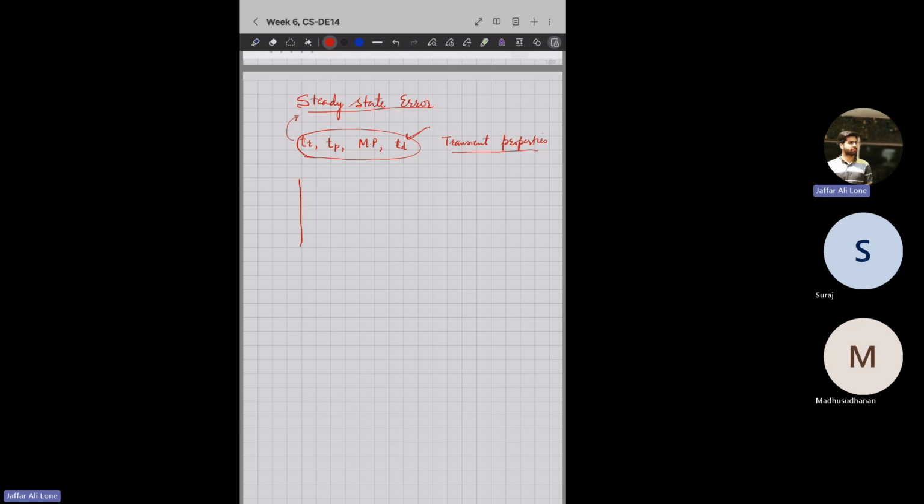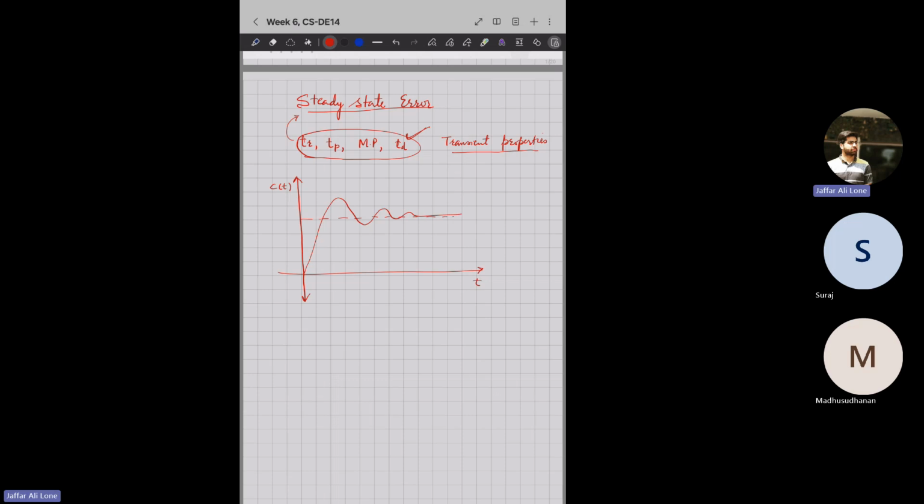For completeness, I'll just draw the response. For example, I have an underdamped system. This is my time, this is my response, C of t, for a unit step input, and let's assume my reference value is this. My response will be something like this.